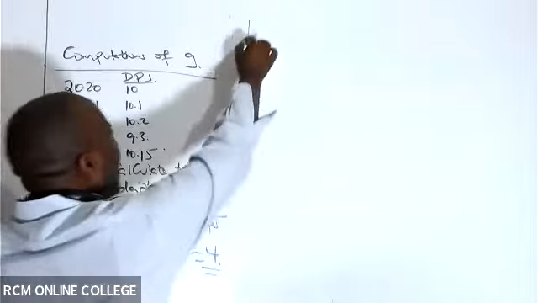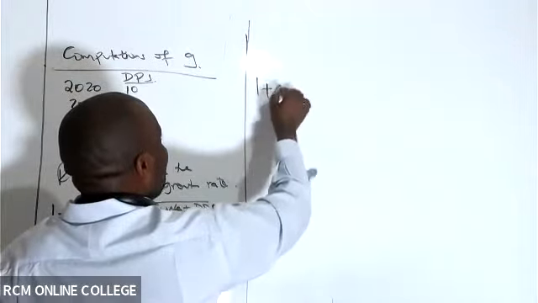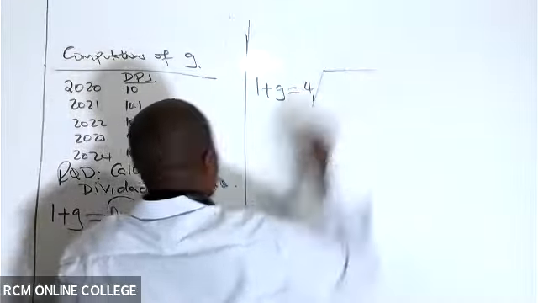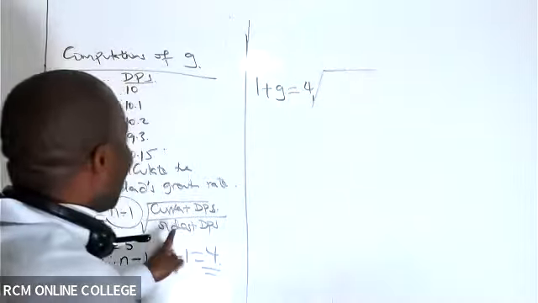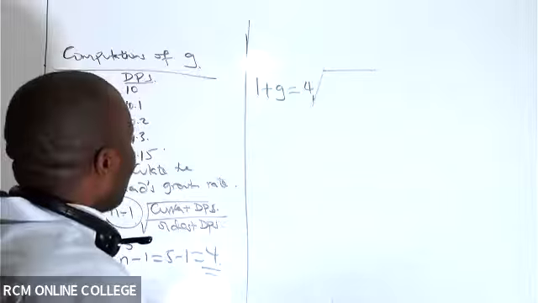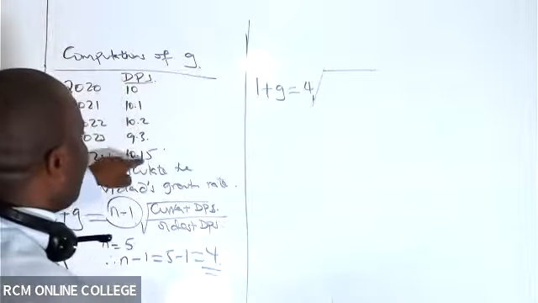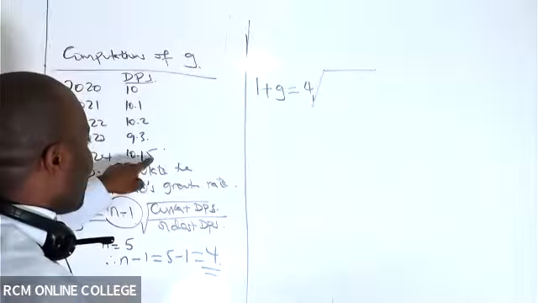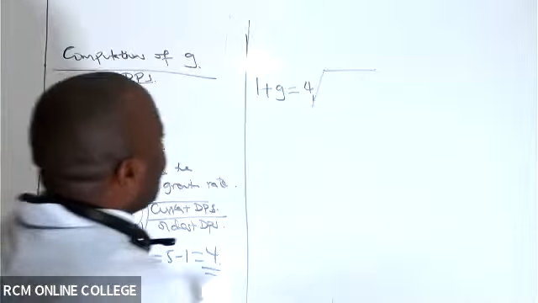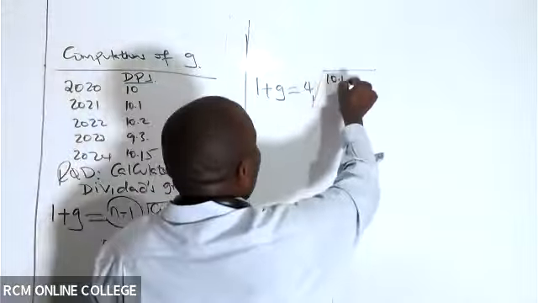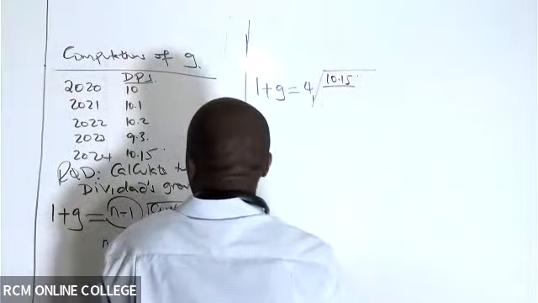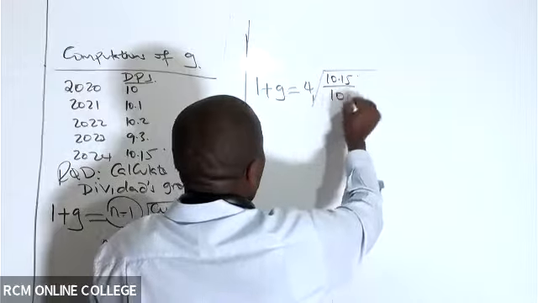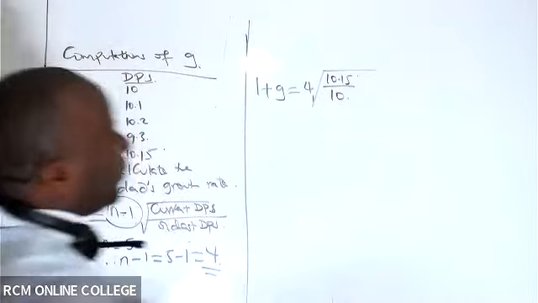So we are saying here that our 1 plus G will be equal to the fourth root of the current dividend per share. The most current dividend per share is this 10.15, all over the oldest DPS, which is 10.